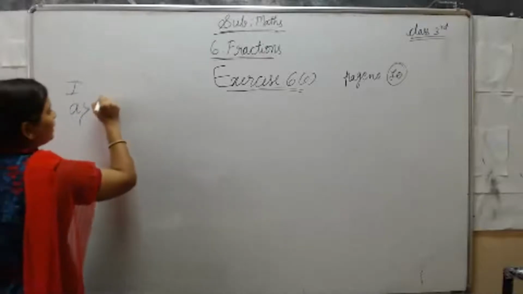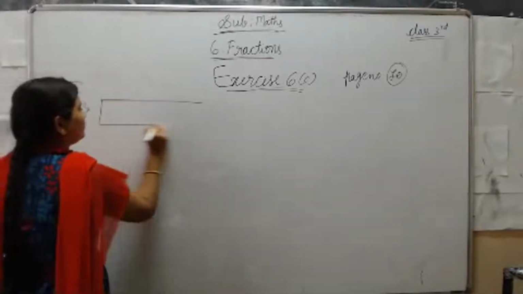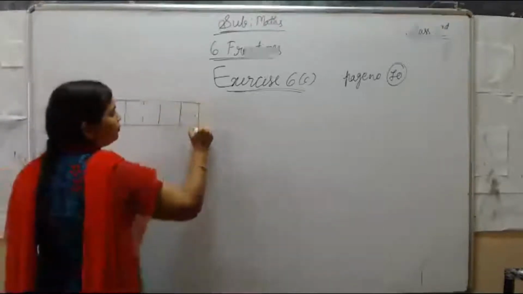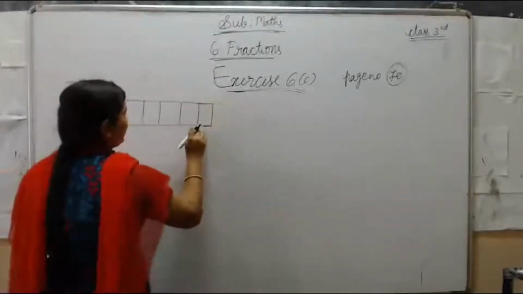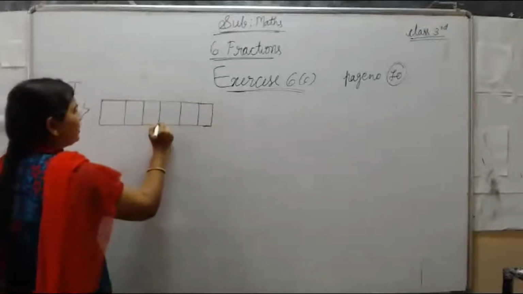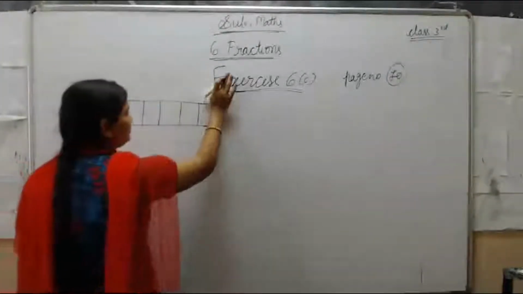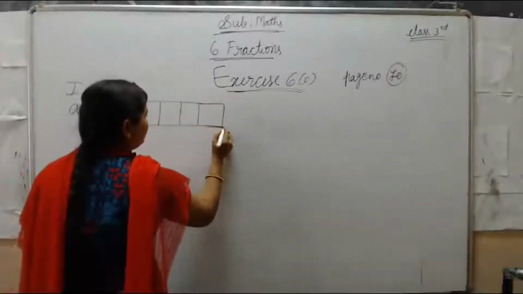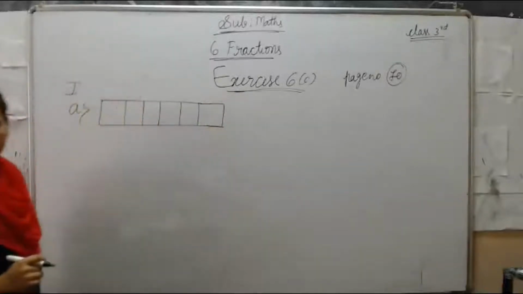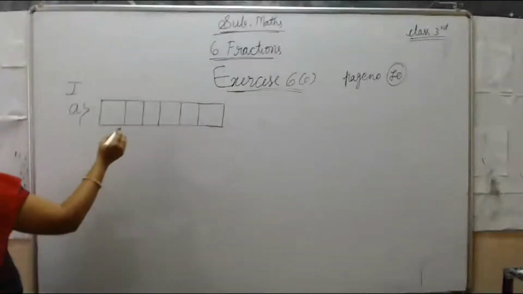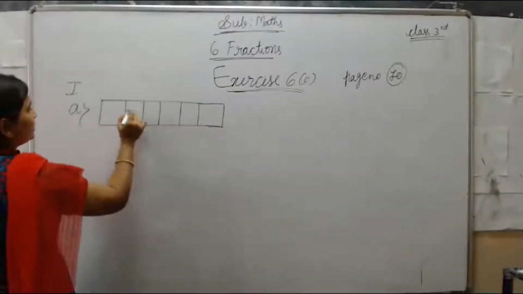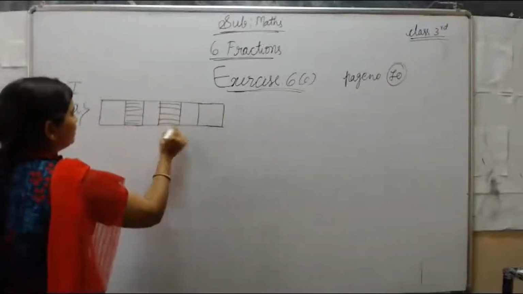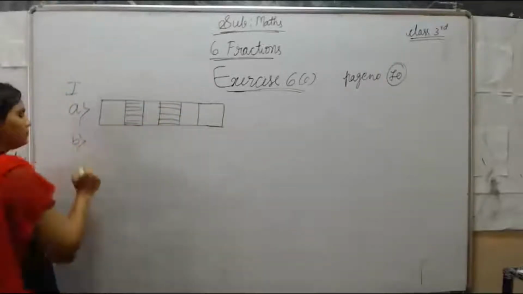6 equal parts in this rectangle shape. 1, 2, 3, 4, 5, 6. There are six parts in this one, and among 6 they have shaded 2 parts. Means this and this. Next B1.